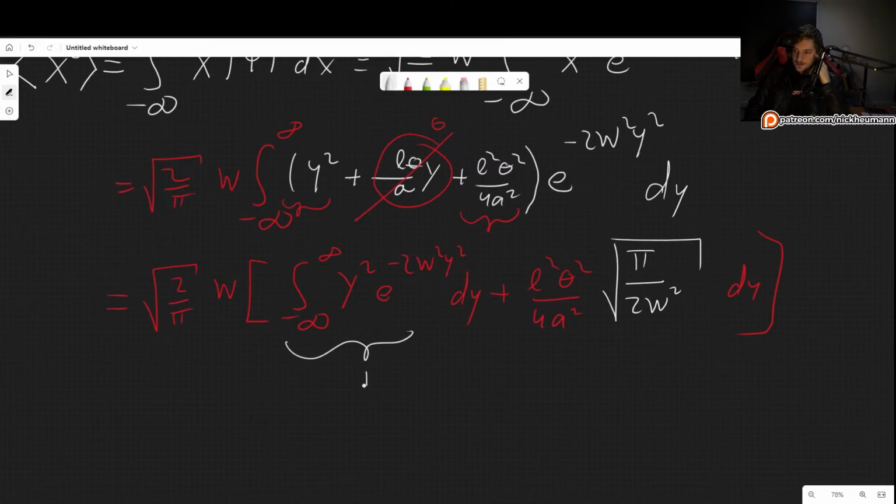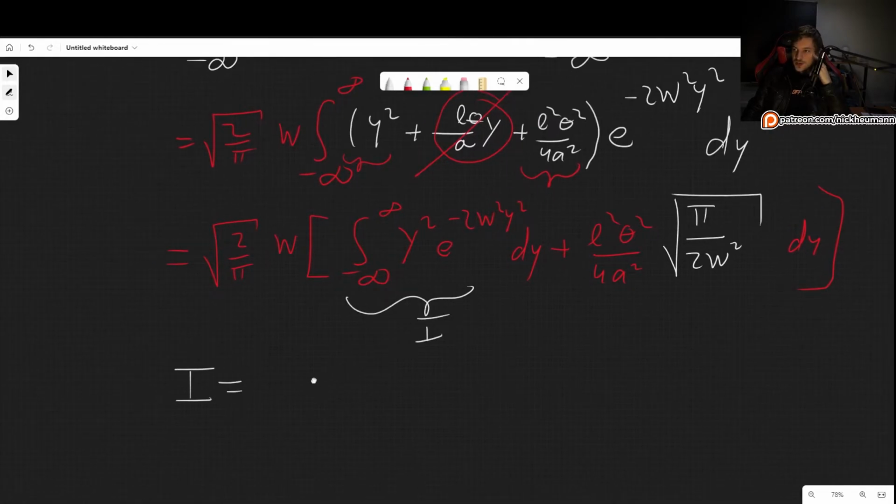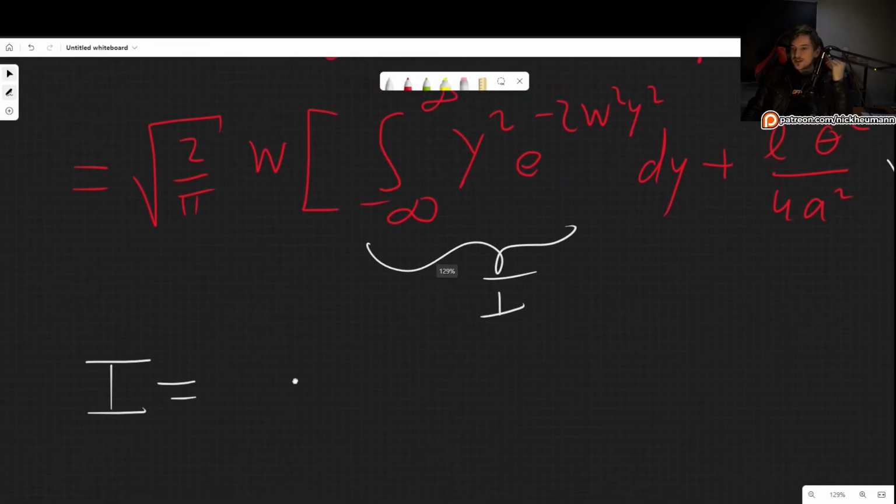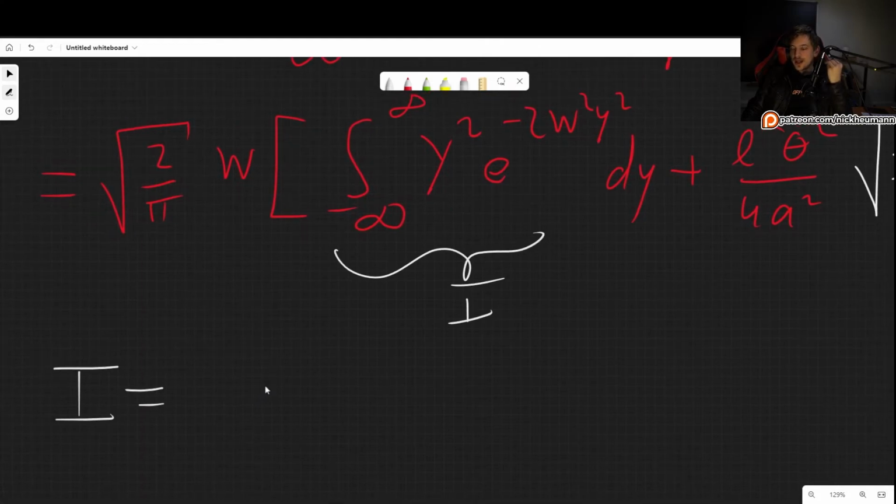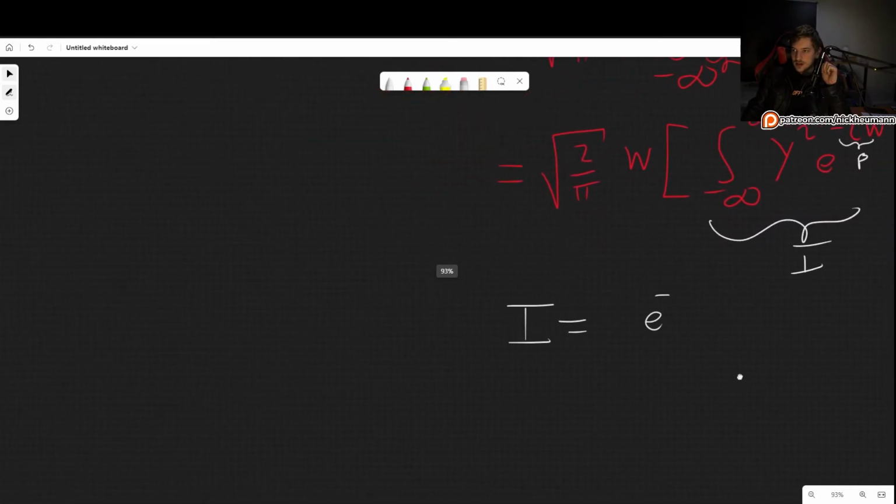What about this? Let's call it I. Now, this sort of integral we can transform into becoming Gaussian. So let's put it to the side as a comment.